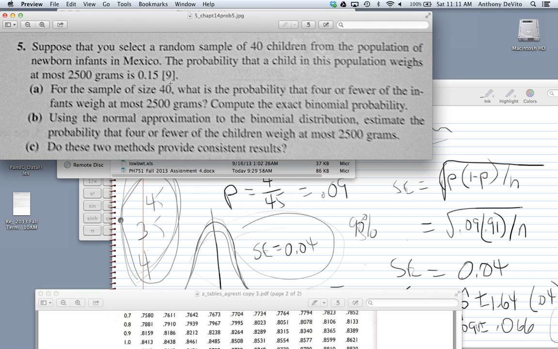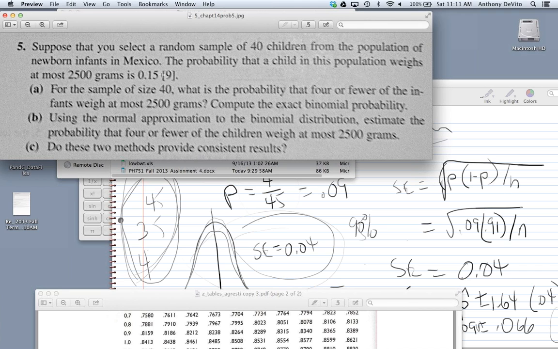Well, what are we saying there? We know our probability is 0.15. If this distribution is 0.15, what's the probability that we'd get exactly 4 children out of 40?